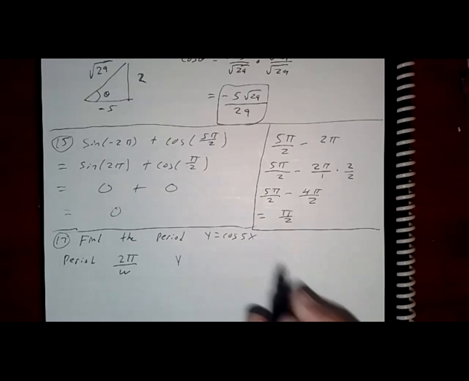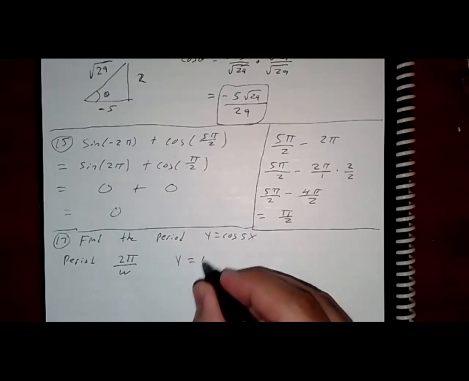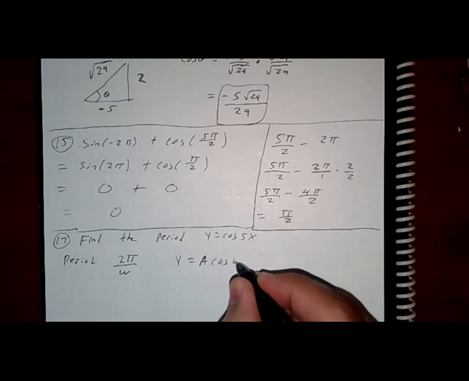So the period formula we said was 2 pi over omega, or I think I used maybe B. I forget what this book uses, but y is equal to a cosine of wx. So this number is what gives us the period. So the period will be 2 pi over 5. So all you need is the formula.